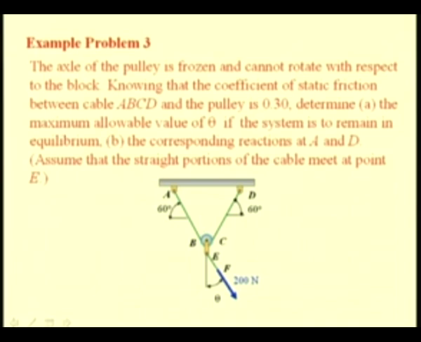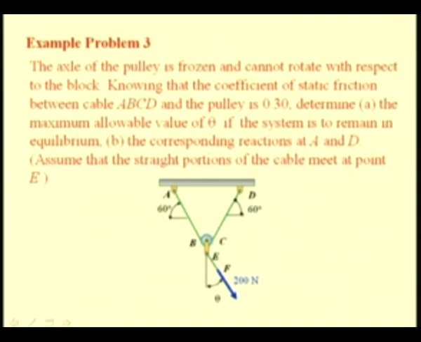So, the block and this pulley are frozen at this pin. It is given in this problem that the coefficient of friction between the cable ABCD and the pulley is 0.3.